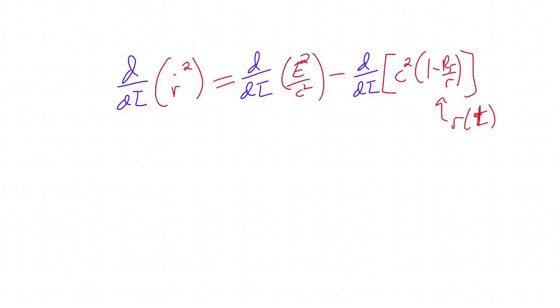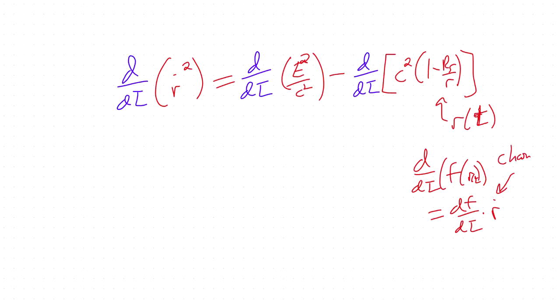So remember d tau of some function of R of tau is the derivative of the function with respect to R, times R dot. So you need the chain rule. Let me be a lot more clear here: f of R of tau. df dr times dr d tau gives you df d tau, right?